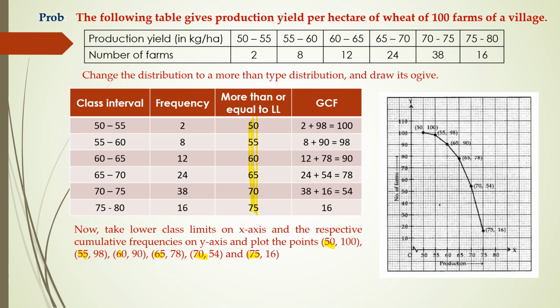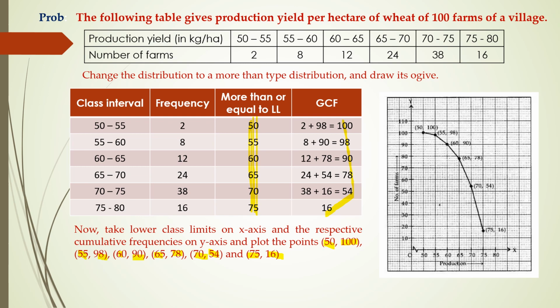The respective y-coordinates are 100, 98, 90, 78, 54, and 16. These are the respective cumulative frequencies. Therefore, by using lower limits and the respective more than cumulative frequencies, we get these points. The x-coordinate of all these points is equal to the lower limit, and the y-coordinate is equal to the respective greater than cumulative frequency.